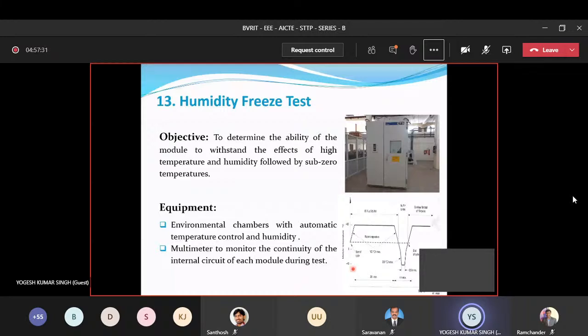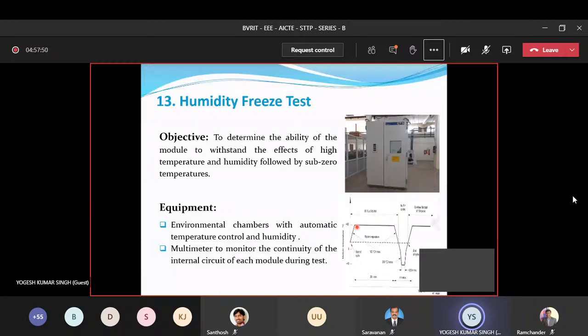In the first condition, it is around 85% humidity, plus or minus 5% relative humidity, and with the help of that combination we will make a graph, and with that graph we will determine the humidity freeze testing of the system.